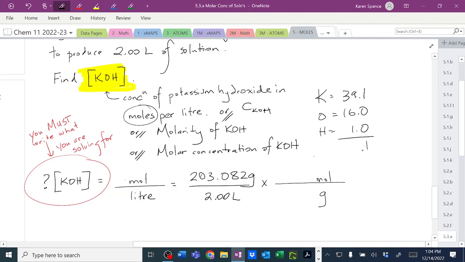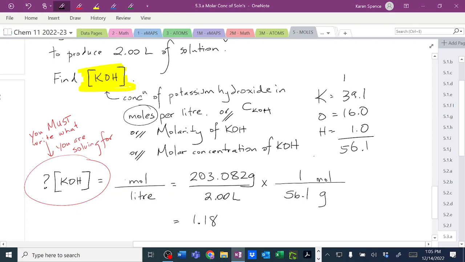So we have 1, 16, 56.1. 56.1 grams per 1 mole. Plug that into your calculator. 203.082 divided by 2 divided by 56.1, and we get 1.18.